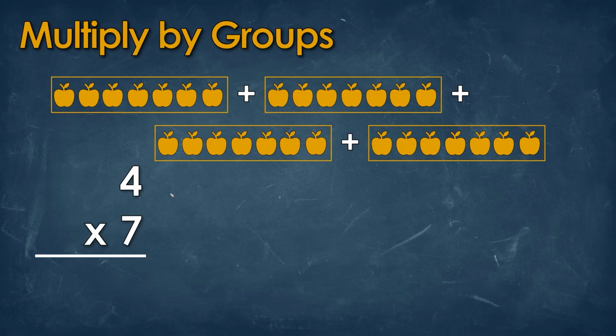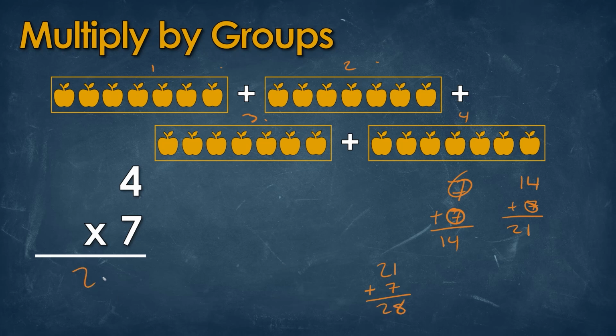Now let's take a look at this one. So we have 4 groups, and each one of these groups has 7 apples in it. So we can count it, or we can add. So we'll do adding first. So we have 7 plus 7, which is equal to 14. Okay, so now we have 14, and we add 7. Okay, that's going to be 21. So now we've done 3 sevens, right? We've done 1, 2, 3 groups. So now we have our last group, which is 21 plus 7, which is equal to 28.